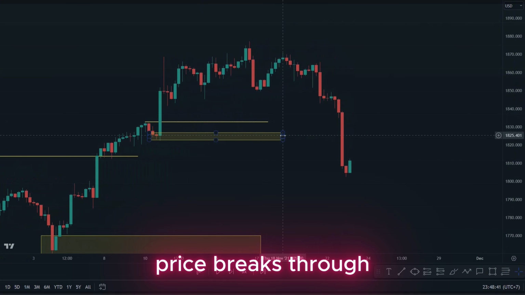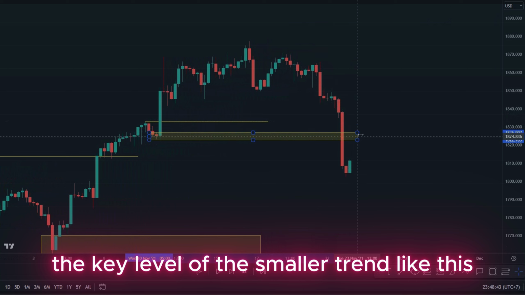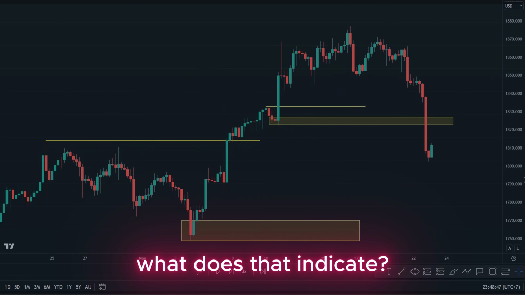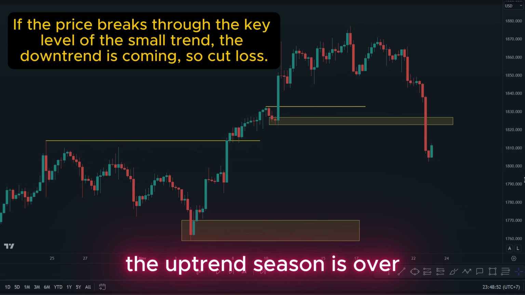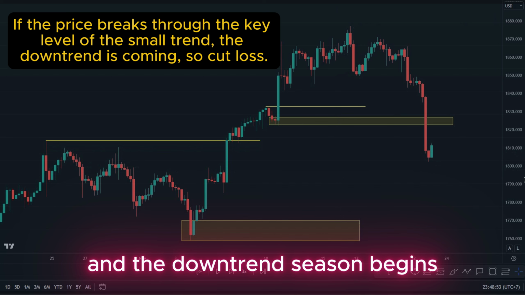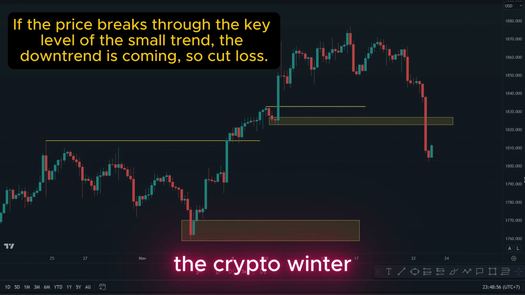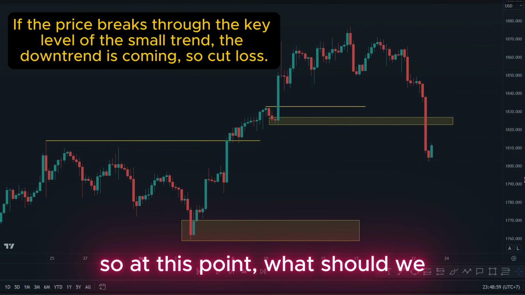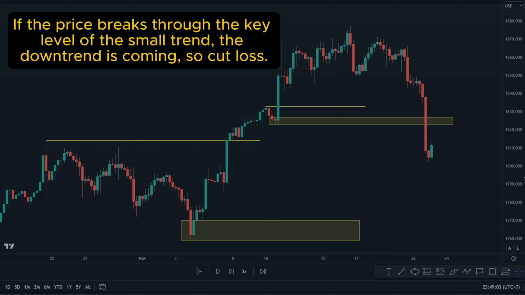Price breaks through the key level of the smaller trend like this. What does that indicate? It indicates that the uptrend season is over, and the downtrend season begins. The crypto winter, the stock market winter begins. So at this point, what should we do?